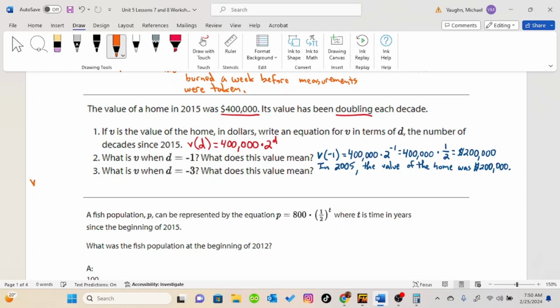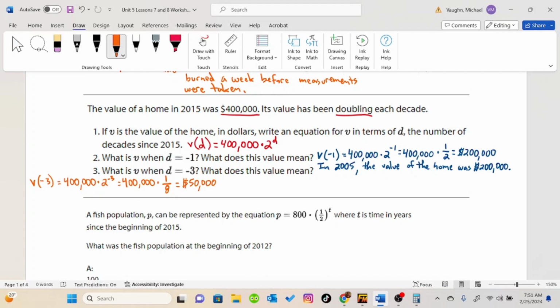So now V of -3 equals 400,000 times 2 to the power of -3. 2 to the power of -3 equals 1 over 8, because 2 cubed is 8, and negative means 1 over. And 400,000 times 1/8 is $50,000.